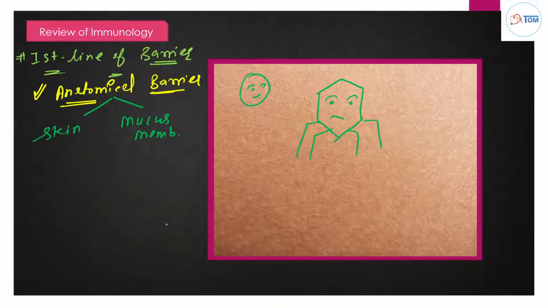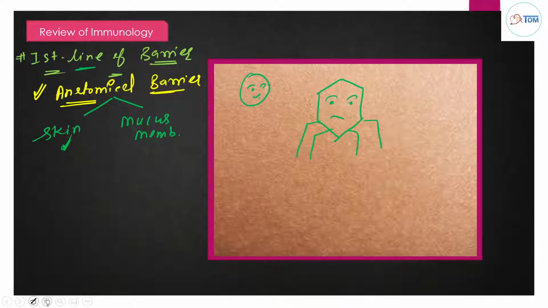That is why it is called the first line of defense, because no matter whatever pathogen we have, we are offering skin as a barrier. So that's how we can say that under innate immunity, skin and mucous membrane both act as the first line of barrier.